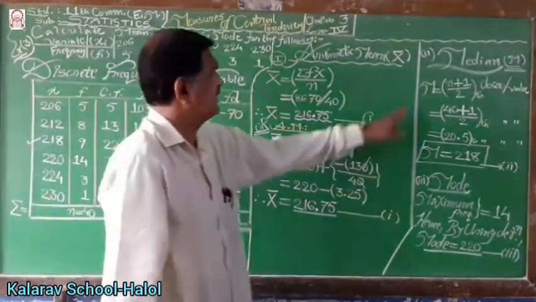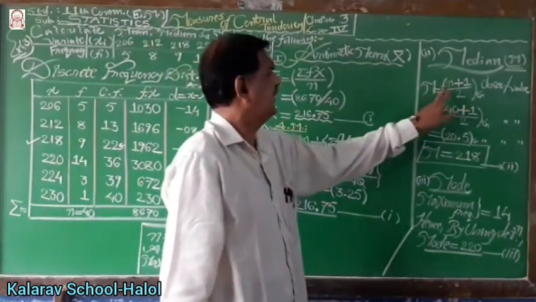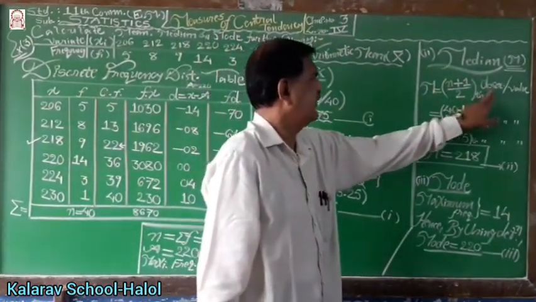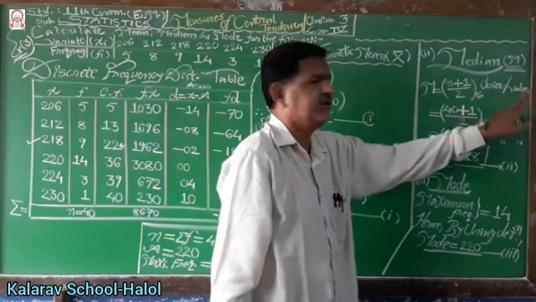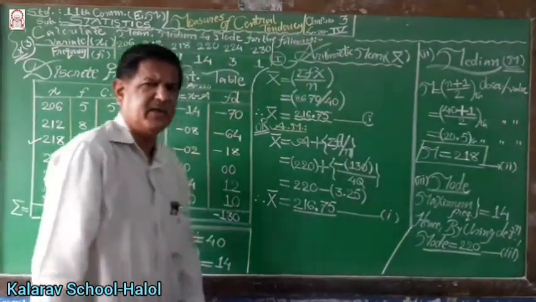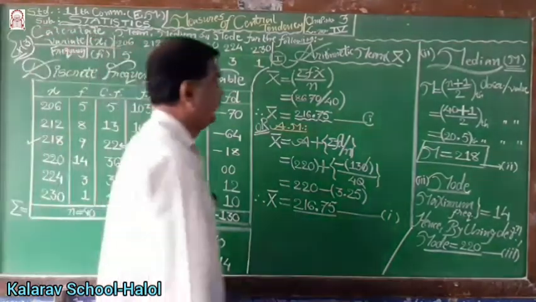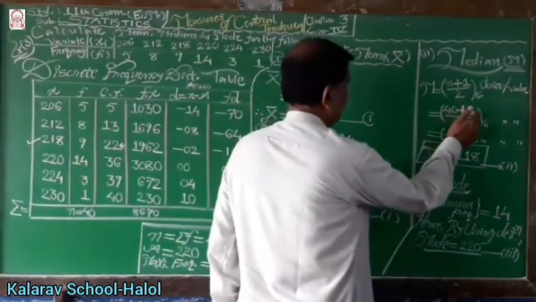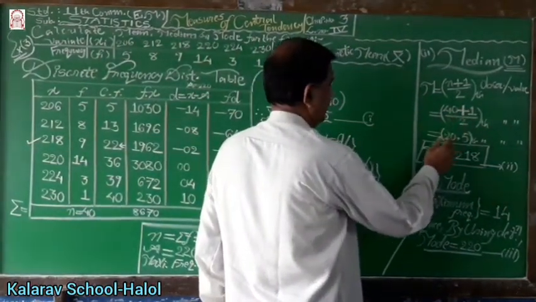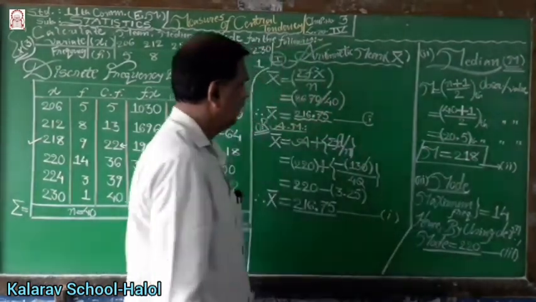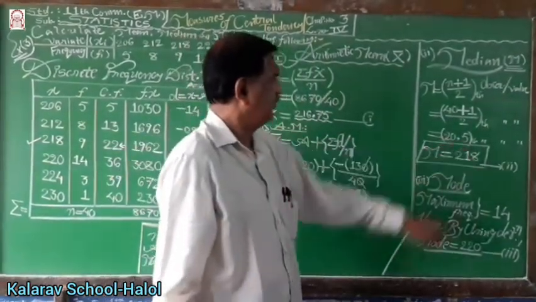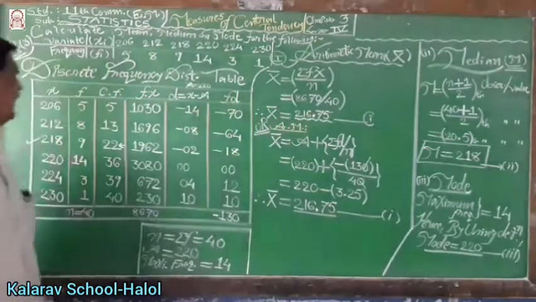Now the second measure is median. Median is the (n plus 1) upon 2 th observation, or value or item, you may write anything. N means 40, 40 plus 1 means 41. 41 upon 2 means 20.5. Look for 20.5 in the column of CF.